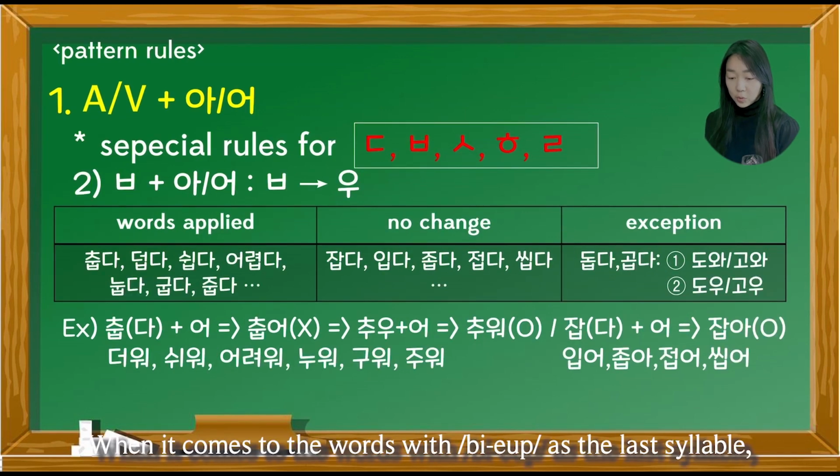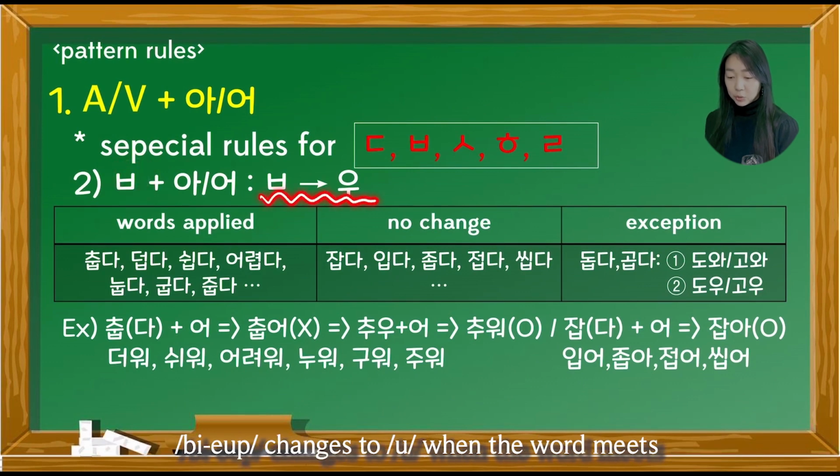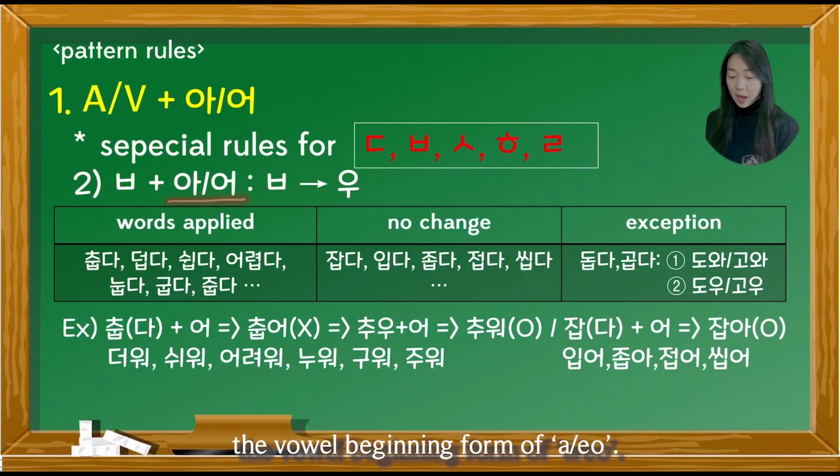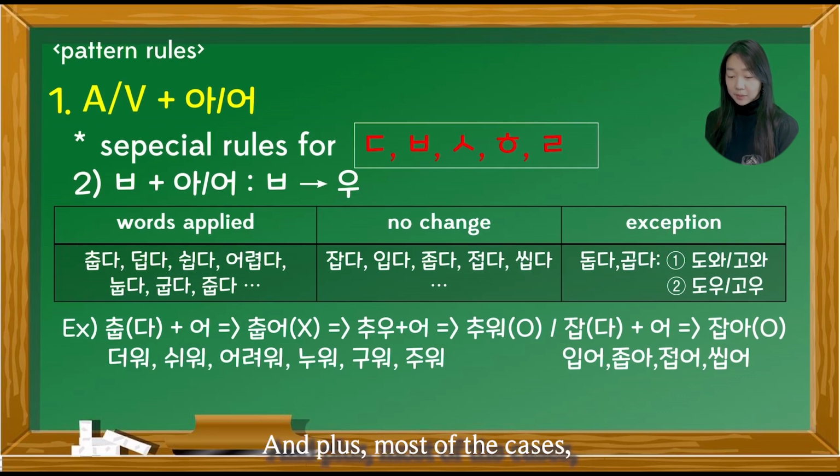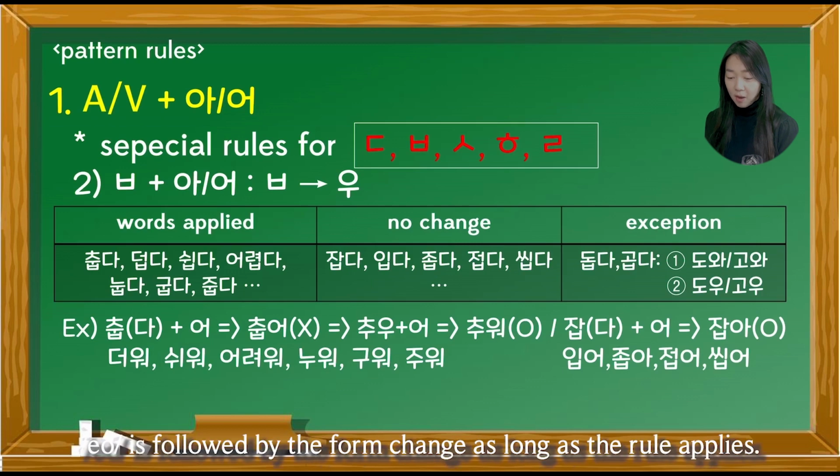When it comes to the words with 비읍 as the last syllable, 비읍 changes to 우 when the word meets the vowel beginning form of a. These are the words which the rule applies to. And plus, most of the cases, is followed by the form change as long as the rule applies.